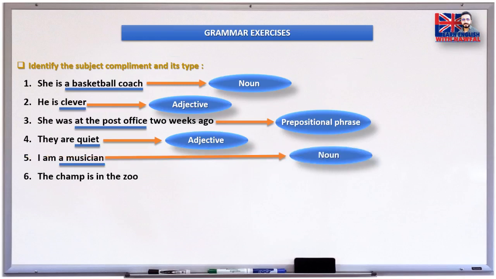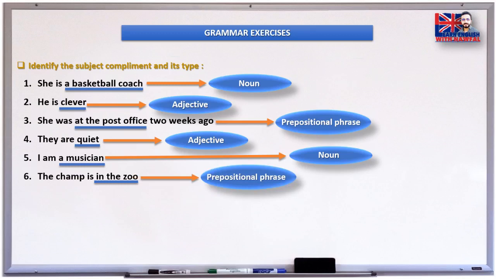The champ is in the zoo. Great. The subject complement of this sentence is in the zoo, and of course it is a prepositional phrase because it contains a preposition and a noun.